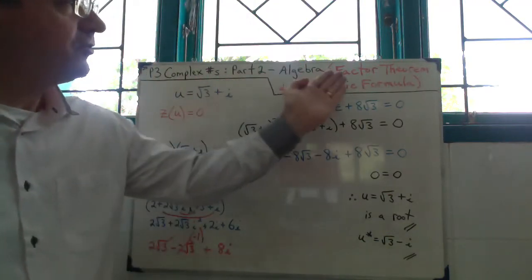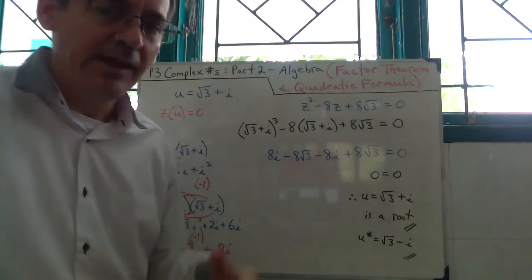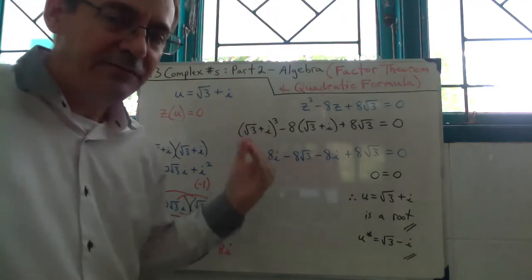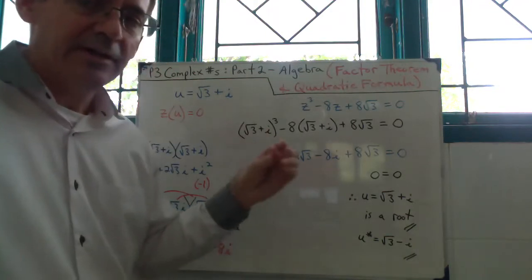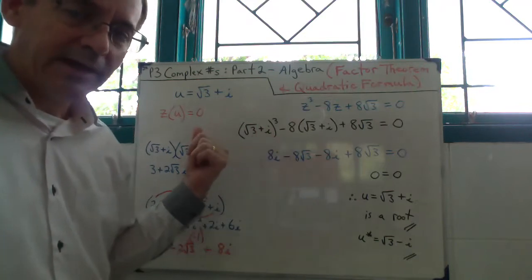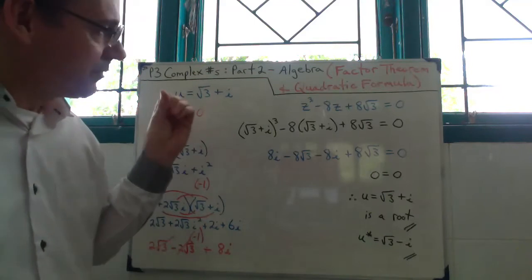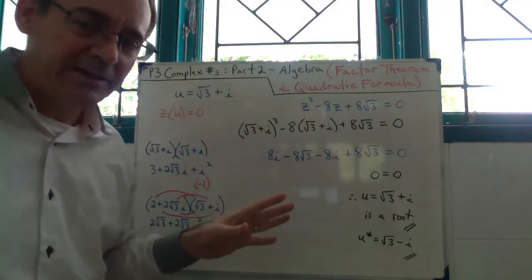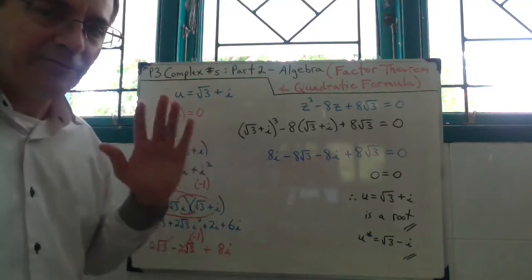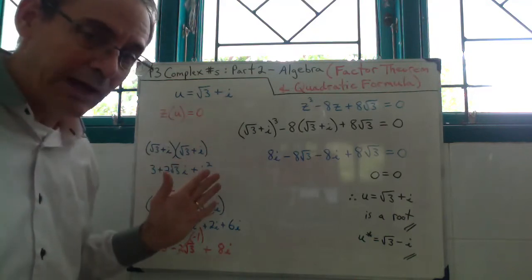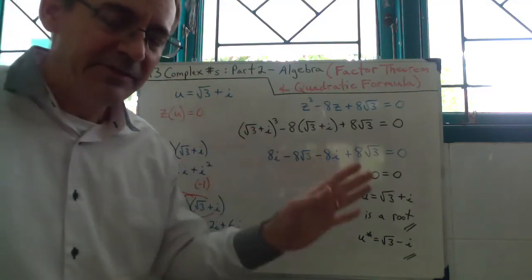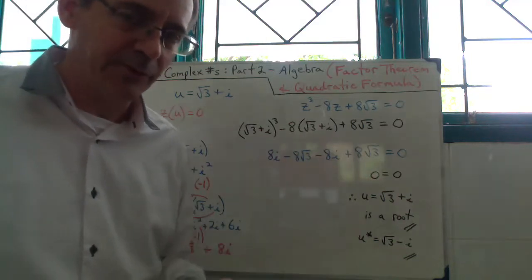So this follows the factor theorem. If you have a factor of the polynomial, then your factor will be a root of the polynomial. And you can verify this two different ways. For this question, I'm going to show you one way, and then in the next question, I'll show you a different way.